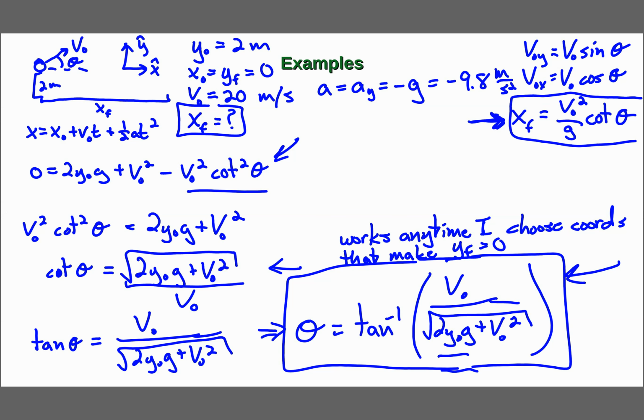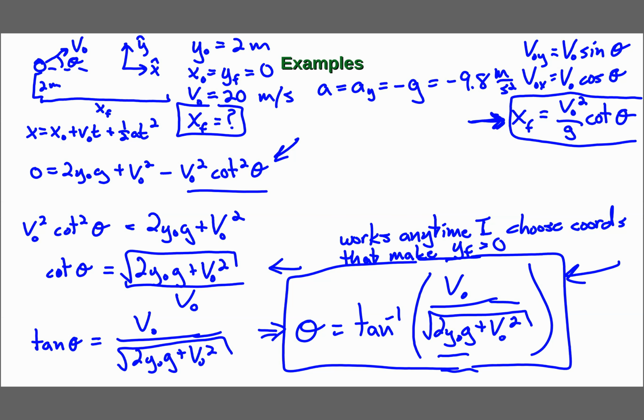This works for any y naught. So we can be any height above the landing point, above the point where it's going to hit the ground, and this will still be true. So now this theta is a much more general answer, and I derived this so that you guys will have it in the future. So make sure you write it down. Make sure that you have it so that you can use it on your homework or your tests or whatever in the future.